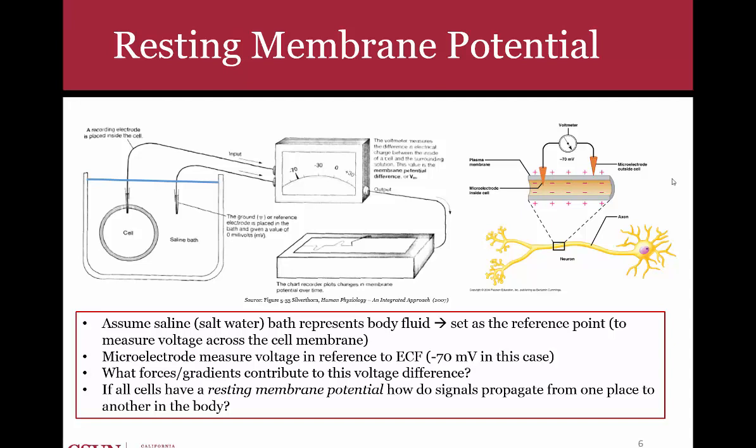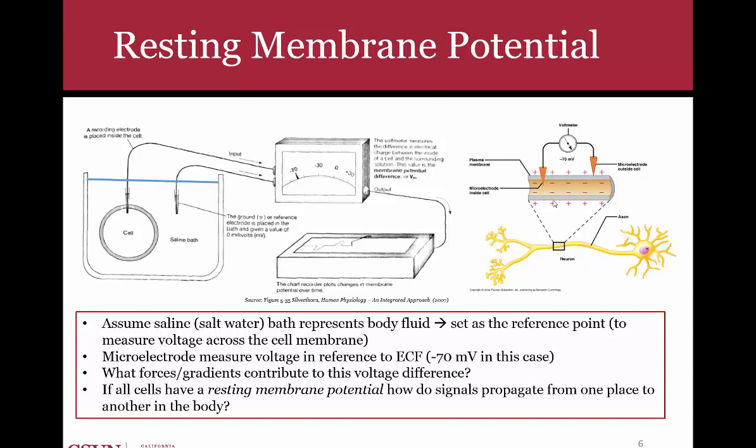So here's another example on the right here. Say you're given a neuron, an electrically active cell that is responsible for the transmission of signals in your nervous system. And again, if you were to open this little cell up and put an electrode inside the cell and outside the cell, you would measure about a negative 70 millivolt voltage difference.